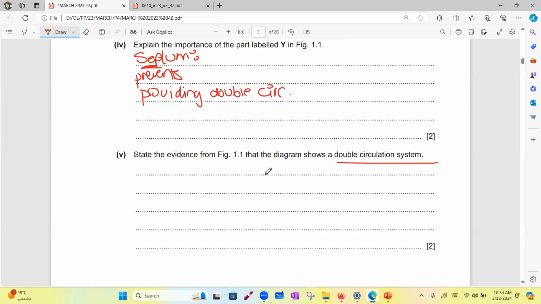What is the definition and what are the two circulations? You told me that the double circulation is when the blood passes through the heart how many times per circuit? 2 times. What are the two circuits in a double circulation? Very good. One to the lungs and one to the rest of the body. The one going to the lungs, what is it called? Yes, you have the pulmonary circulation, the one going to the lungs, and you have the one going to the rest of the body, which is the systemic circulation.